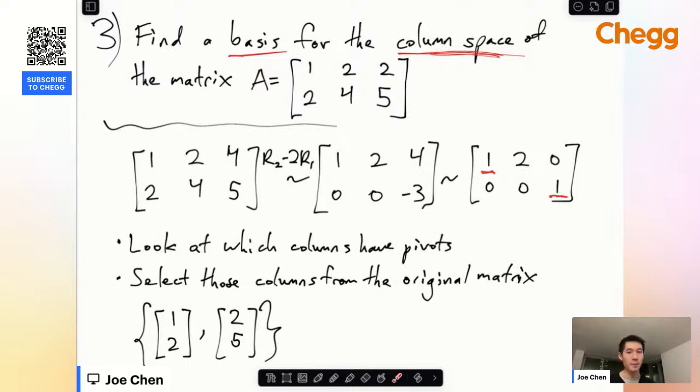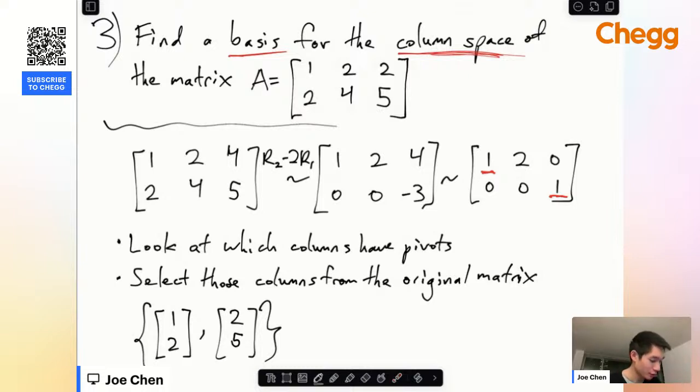So a basis for it, if you wanted a set of vectors that spans the column space, you can simply start off by taking all the columns. But the issue is that that might not be minimal. Some of them might not be linearly independent.